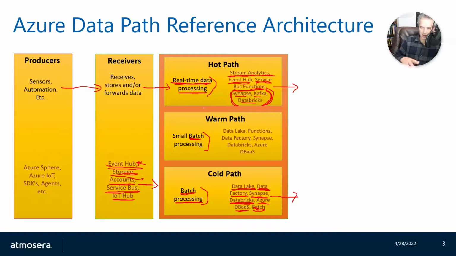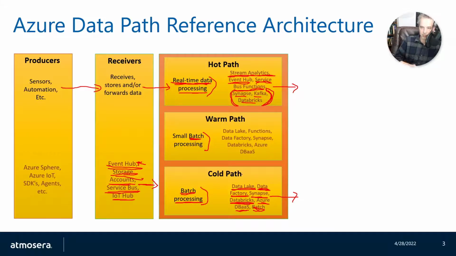So this one is typically going to be near real time or almost real time processing. So small windows, maybe around a minute, 5-minute windows, typically using the same kind of technologies you'd find in ColdPath like Data Factory, Synapse, Databricks, but it's going to be doing it on a much tighter cadence.